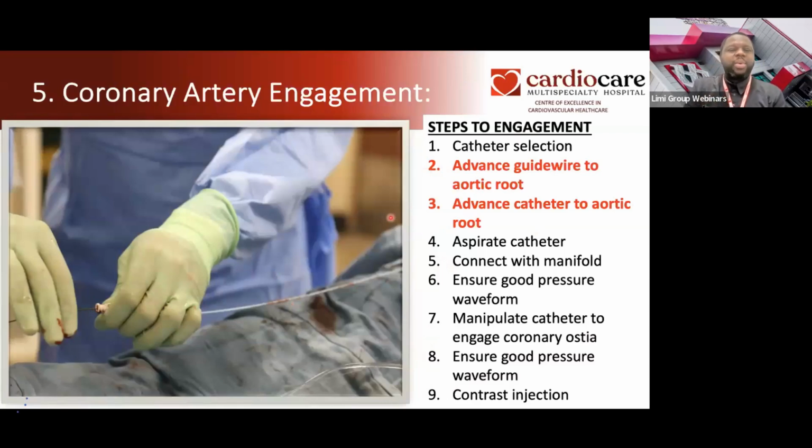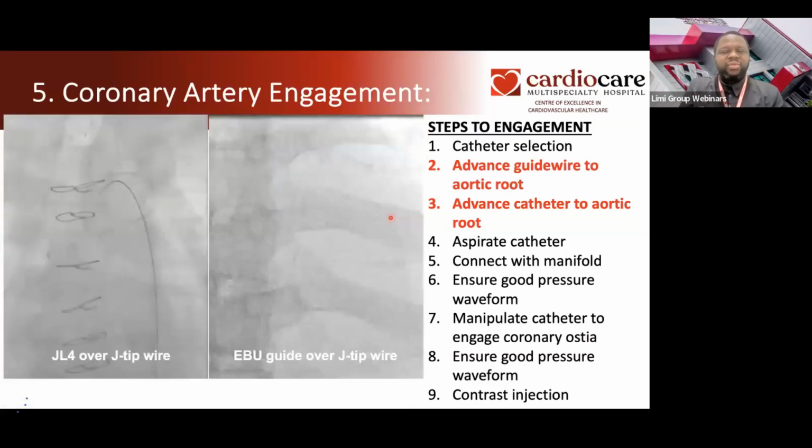We don't want the catheter, remember the catheter is bent and curved in a particular way. We don't want that catheter to scratch the wall of the aorta as it's going up. So the guide wire goes and acts like a rail, so that this now goes up a little bit straightened and goes on that rail without scratching the sides of the wall of the aorta, which could cause dissection or very severe problems.